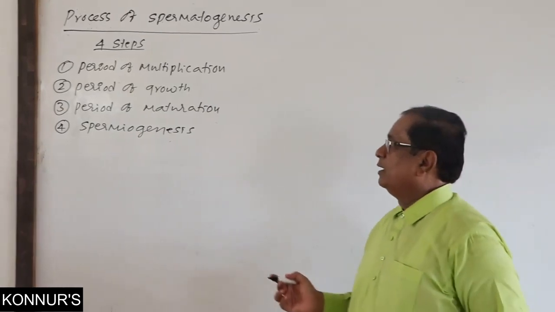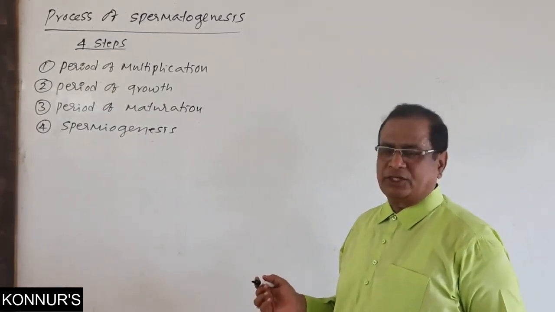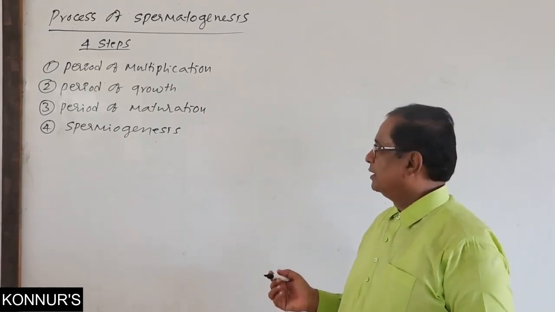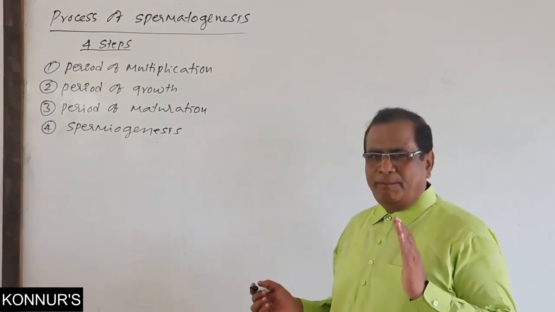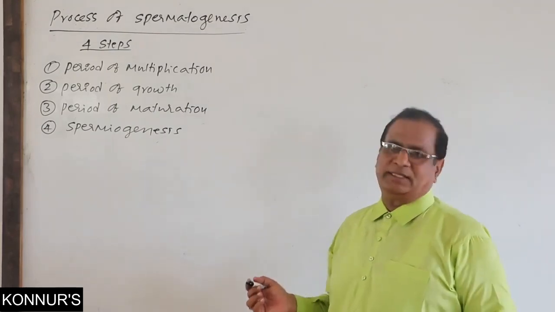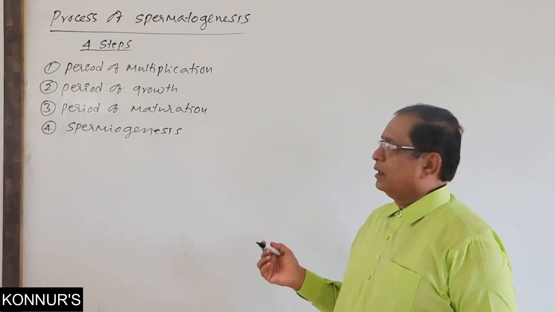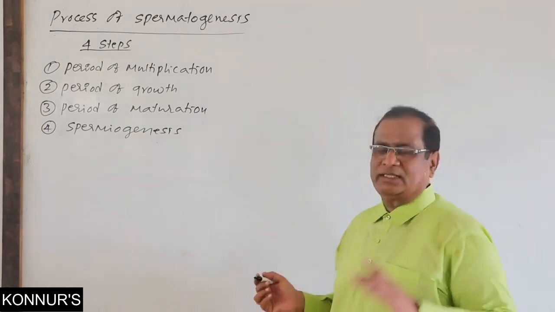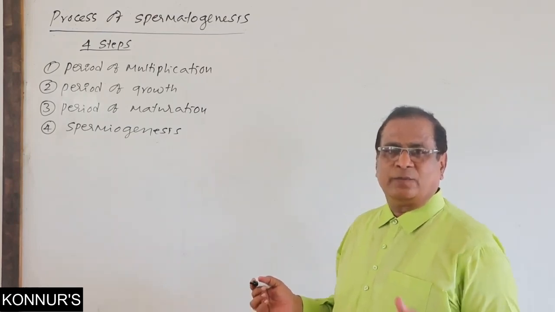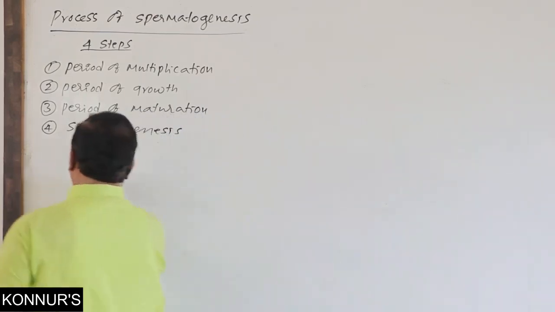These are the 4 steps. First one, period of multiplication. Second is period of growth. Third is period of maturation. And finally, spermiogenesis. This process takes place in seminiferous tubules of testes.